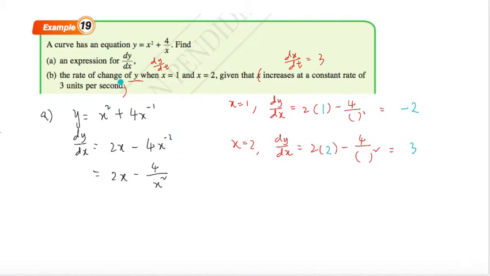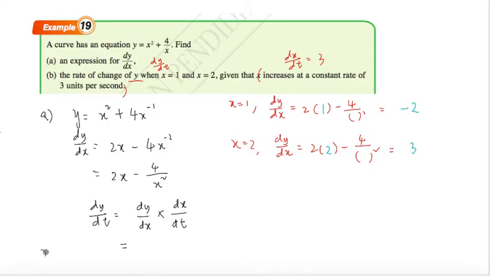Okay, now the question asks you to find the rate of change, dy/dt. You need to learn how to do the chain rule. dy/dt equals dy/dx multiplied by dx/dt, so here you write dx.